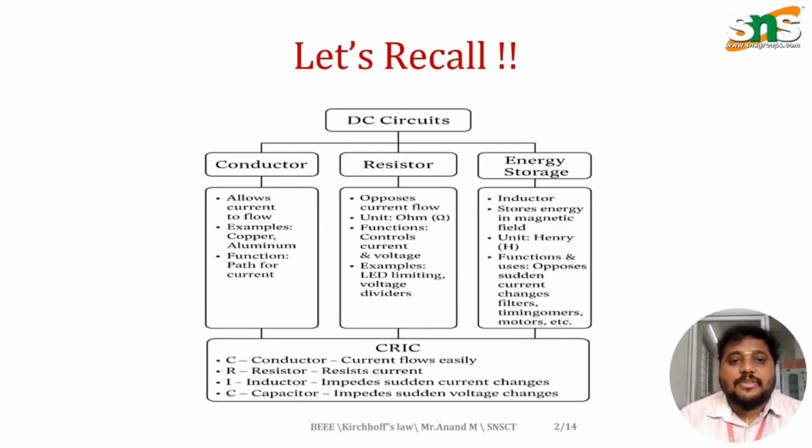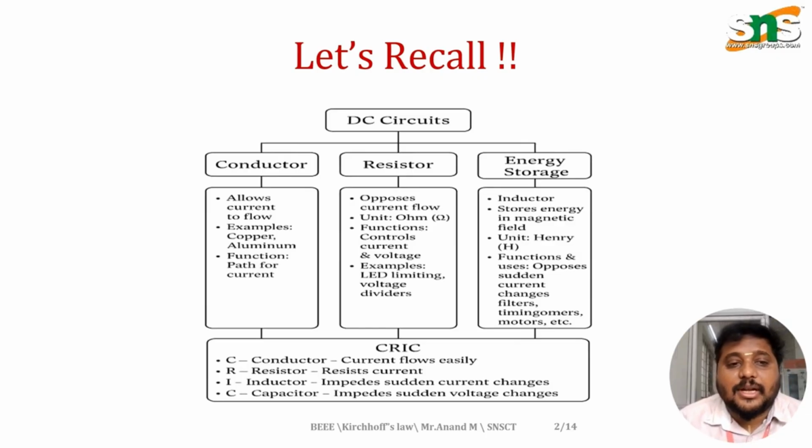So we start with a recap of previous sessions. In the previous session we discussed DC circuits, conductor, resistor, energy storage device, and finally RLC. So what is a DC circuit? A DC circuit is a combination of nodes, branches, loops, resistance, inductor, capacitance, and voltage source only for direct current.